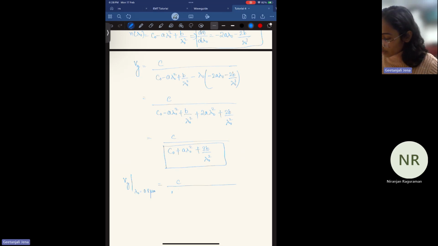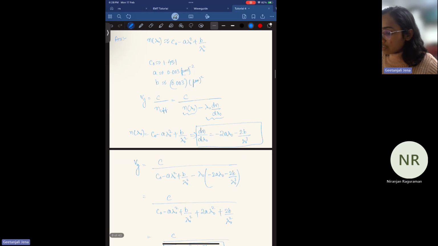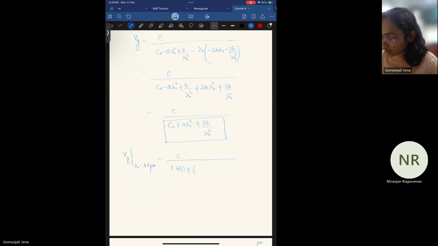So C0 is given as 1.451 and A, I think it is 0.003. B is also 0.003. So A we have 0.003 into 0.8 square plus 3B, 3 into 0.003, into 0.8 square.